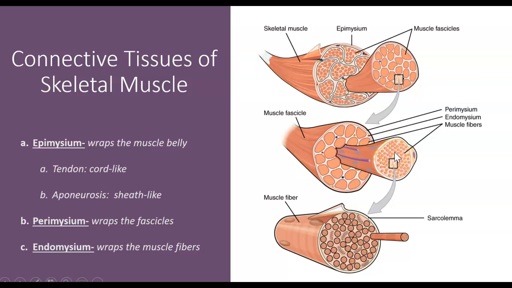And the individual muscle fibers are going to be held together by the endomysium. So you got all these different structures here that are going to get smaller and smaller. So you got your entire muscle, then you got the fascicles, and then within the fascicles, you have each individual muscle fiber, and each of them are surrounded by a layer of tissue that kind of holds everything together.